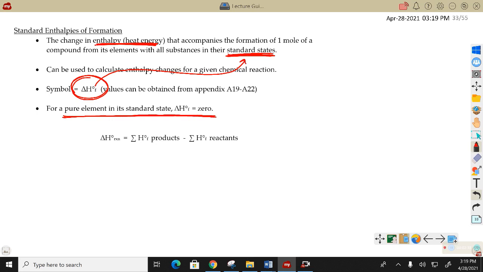So the elements in their standard state, copper being a metal, oxygen being a gas, they're formed naturally on the face of this earth. And so there's no energy change when I use oxygen gas. That's a naturally occurring element.